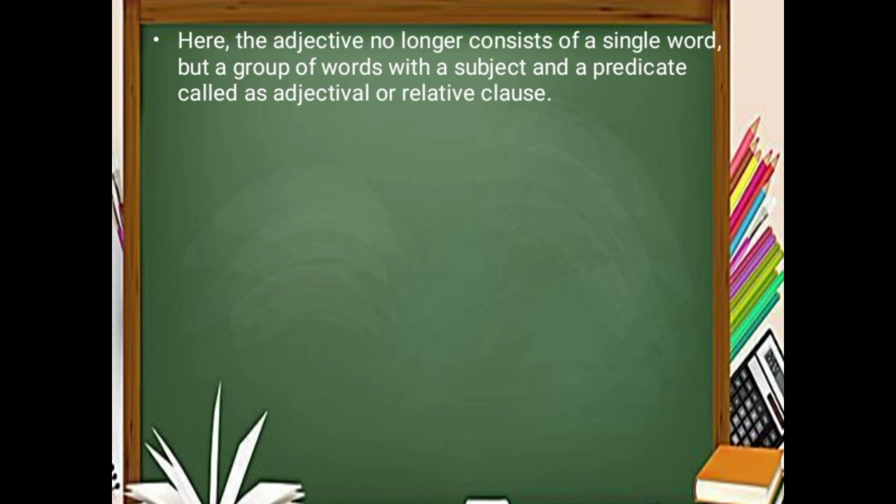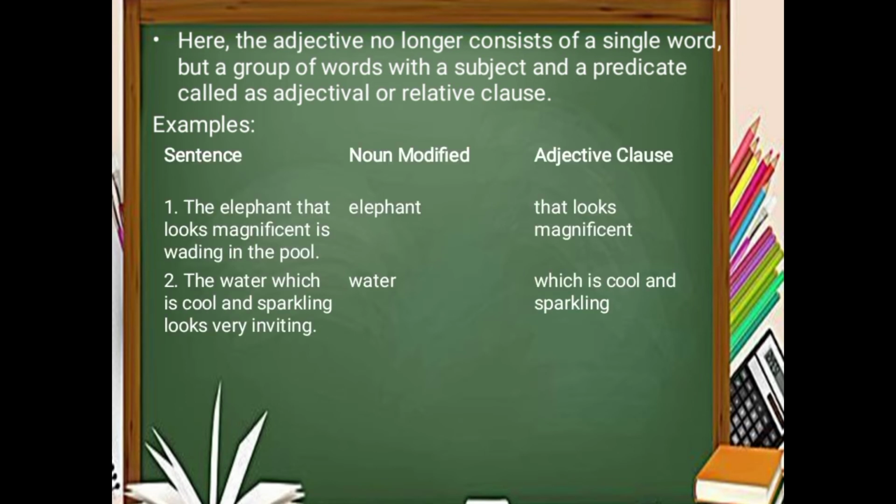Here, the adjective no longer consists of a single word, but a group of words with a subject and a predicate called an adjectival or relative clause. The elephant that looks magnificent is wading in the pool. That looks magnificent modifies elephant, but the adjective is not a single word.